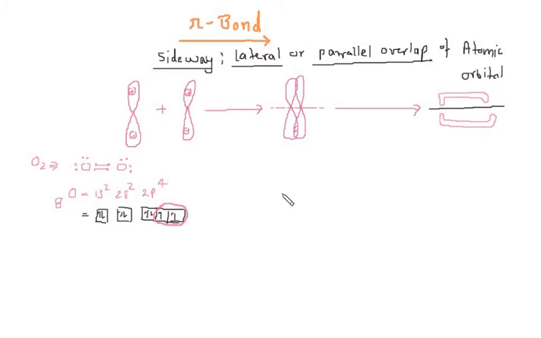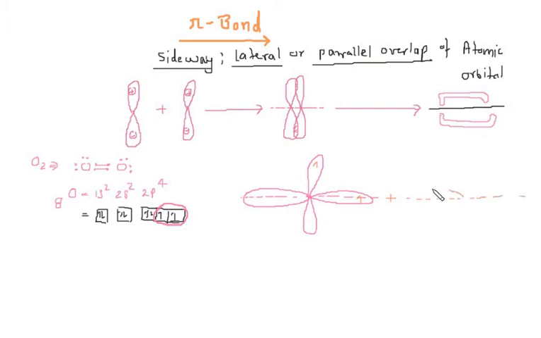So we'll first draw the p orbital. Suppose this is the principal axis. This is one of the p orbitals, and this is the other one. Both are having electrons. So let me show it like this. This is the electron. And this is the orbital of another oxygen atom.